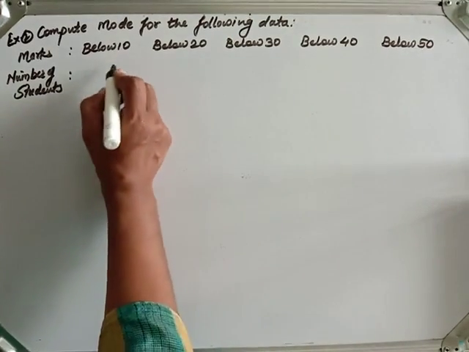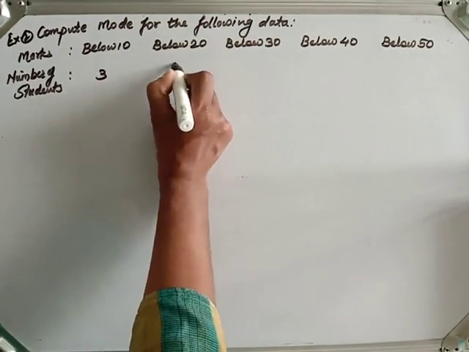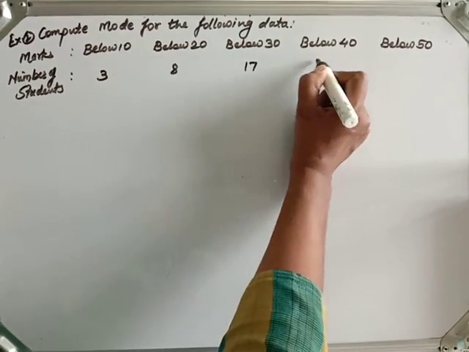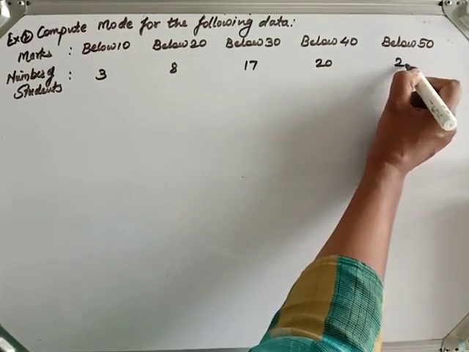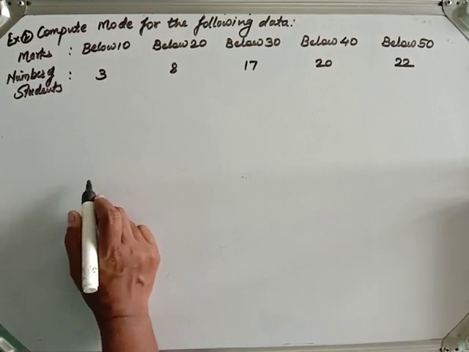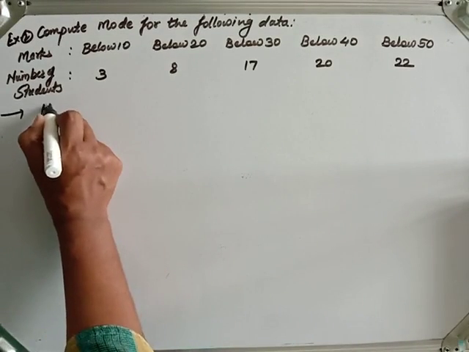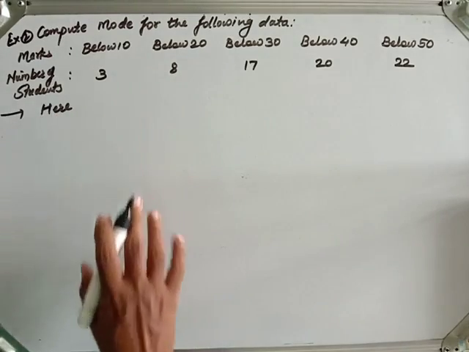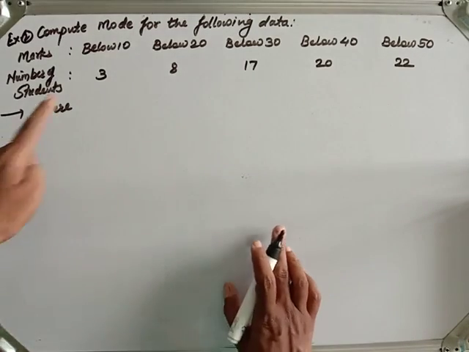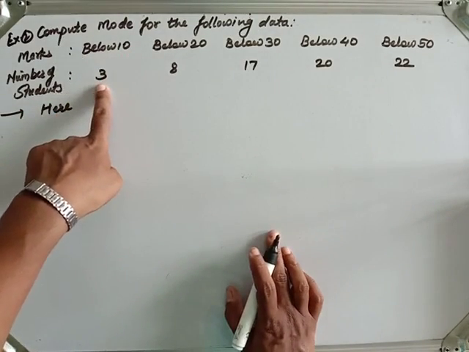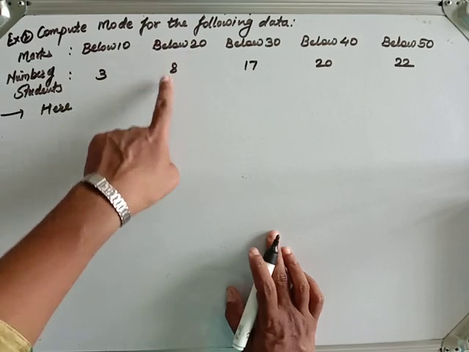Now the number of students are 3, 8, 17, 20 and 22. Look at the data carefully. Below 10, how many students? 3 students. Below 20, 8 students.